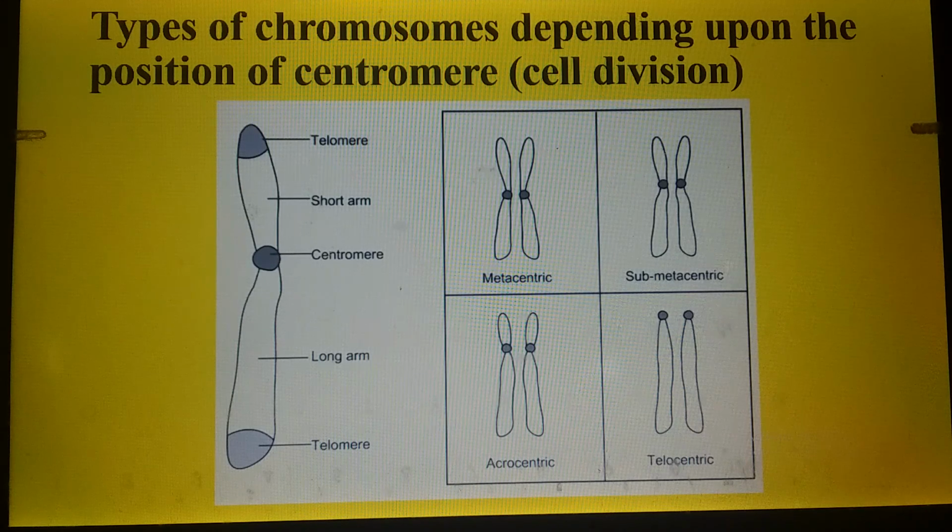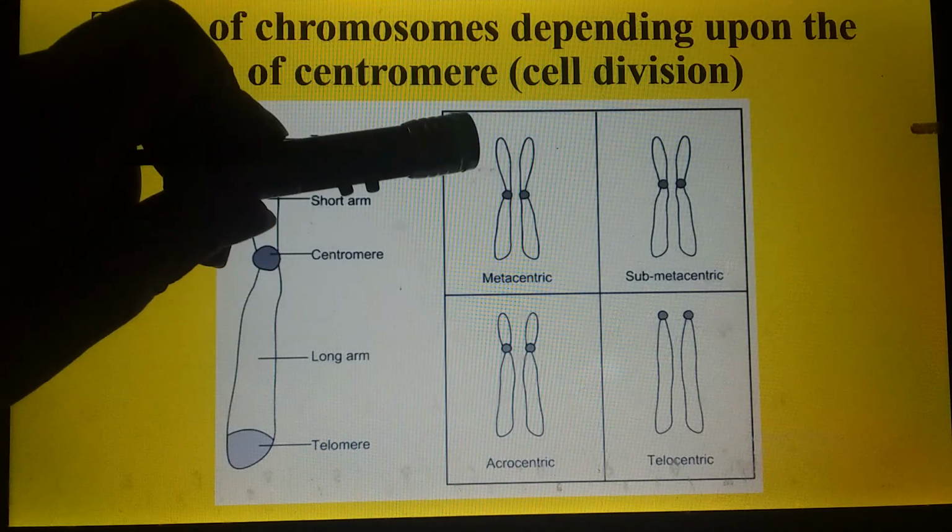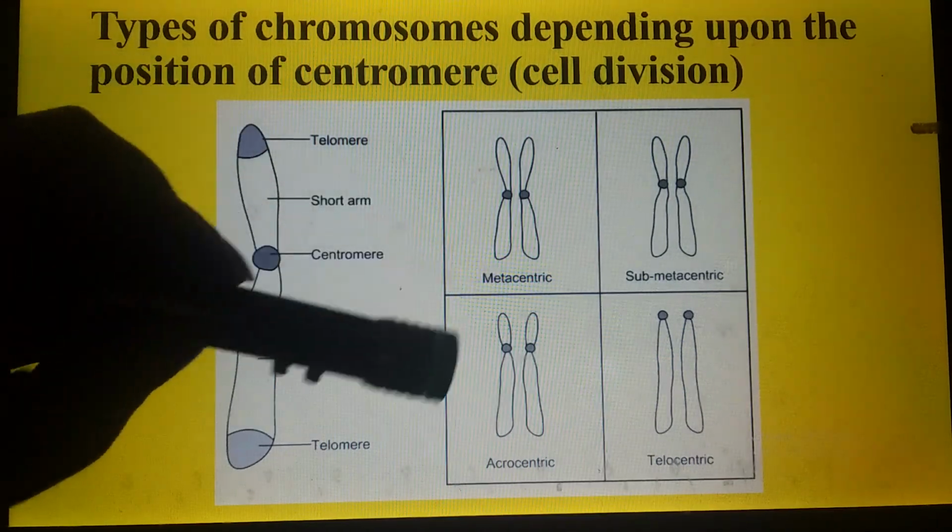First one is the metacentric. In metacentric, the centromere is present in the middle of the chromosome, and in the metacentric condition, the two chromatids of the chromosome are equal in size. You can see here, this is the metacentric, and in metacentric, what will happen?